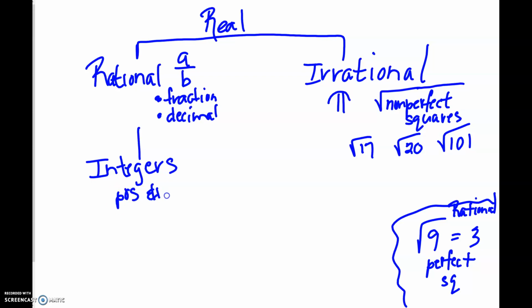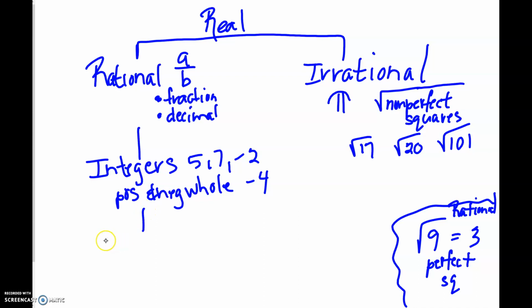Something like 5, 7, -2, -4, anything that's a positive or negative whole number. There are no fractions. Fractions and decimals go up in rational. Integers do not have any fractions.